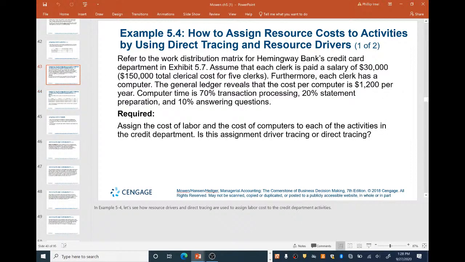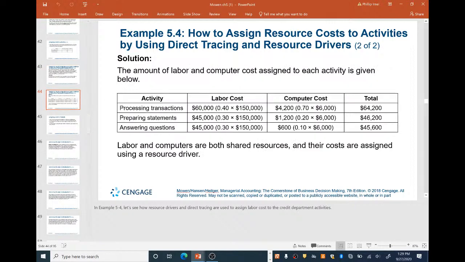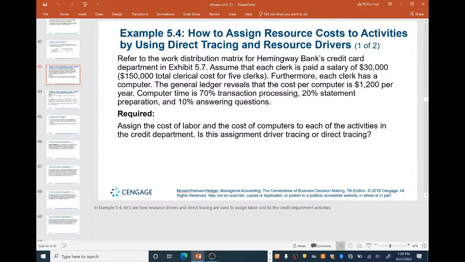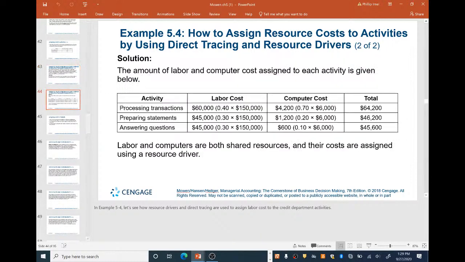Remember, each clerk has a computer. The GO revealed that the cost per computer is $1,200 per year. The 5 times 1,200 gives us 6,000. So there's the cost of the 5 computers. And once again, there's the percentage of time that it gave us for the transaction processing under the computers. So you can see where this amount came from, okay?